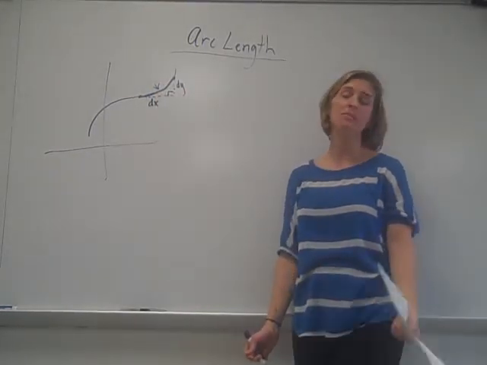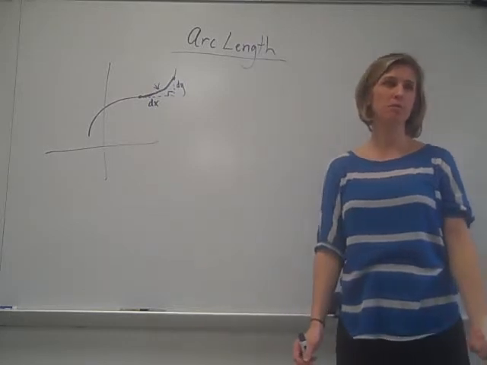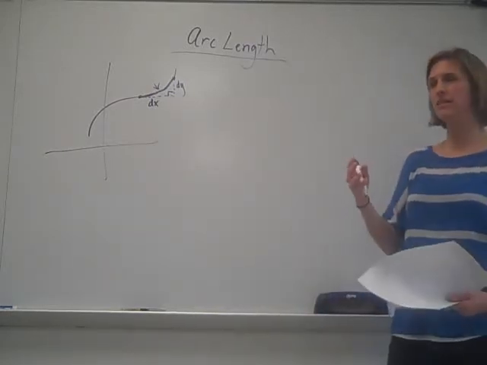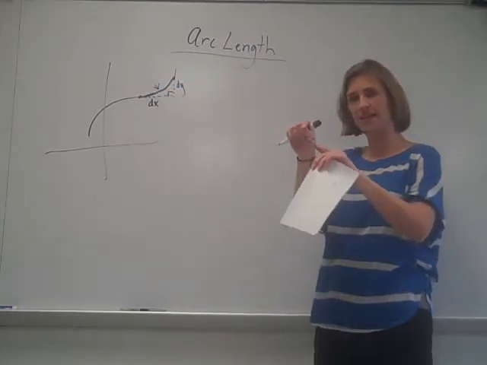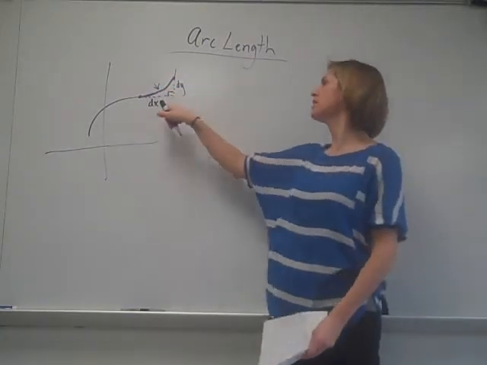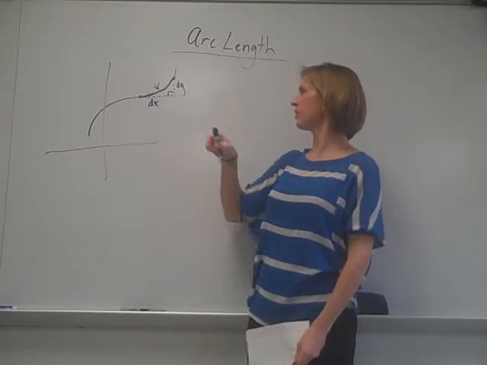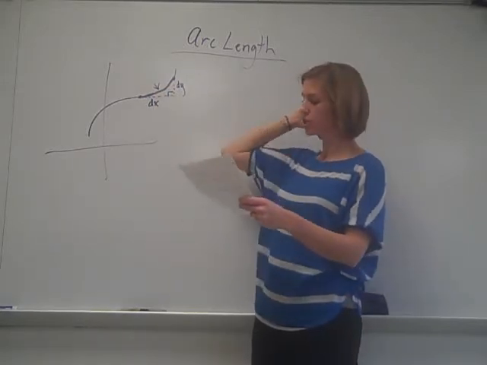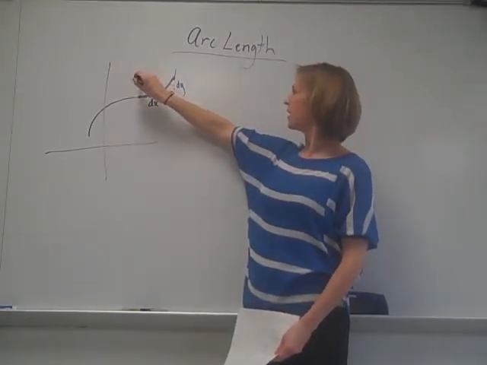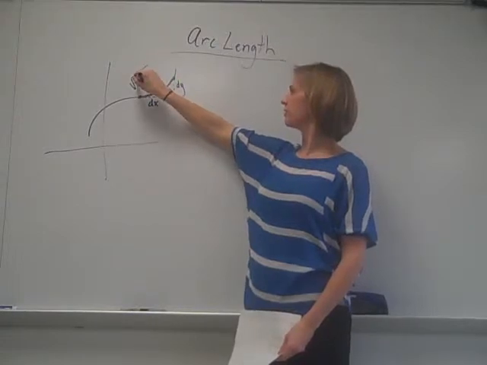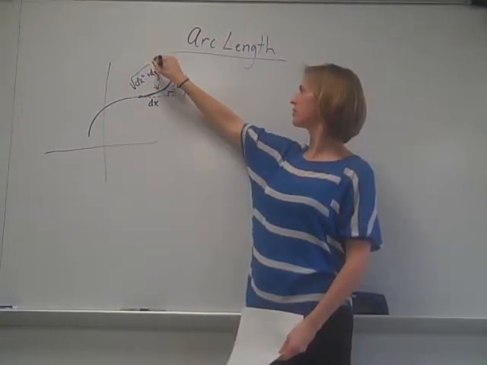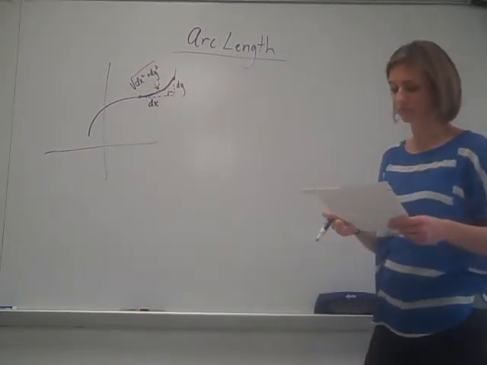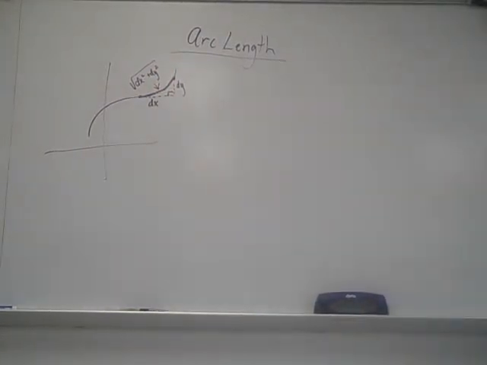I could use the Pythagorean theorem if I think about zooming in so far that this curve flattens out, so I can represent this curve with the Pythagorean theorem. So, it would be the square root of dx squared plus dy squared. Does that make sense?